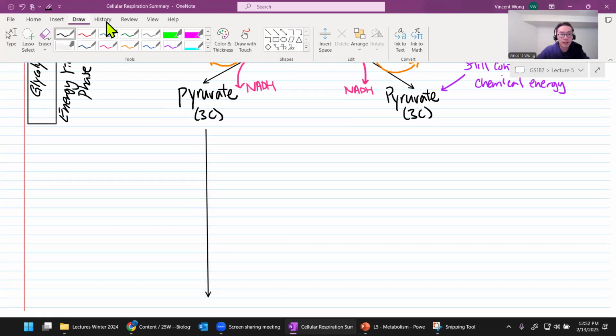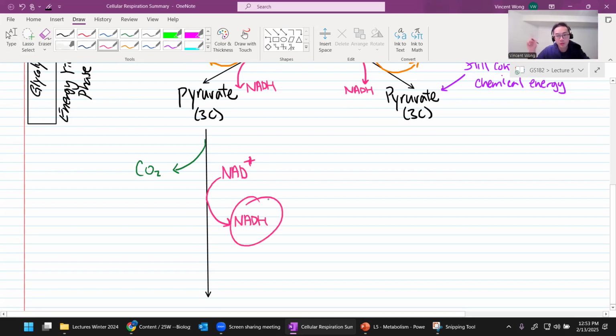Okay, so the pyruvate is gonna undergo three reactions. The first reaction would be removing carbon dioxide. Okay, so when you have something coming out of the main reaction arrow, it means we're removing it. We are going to have the NAD plus coming along, and it's going to pick up electrons that are being released.